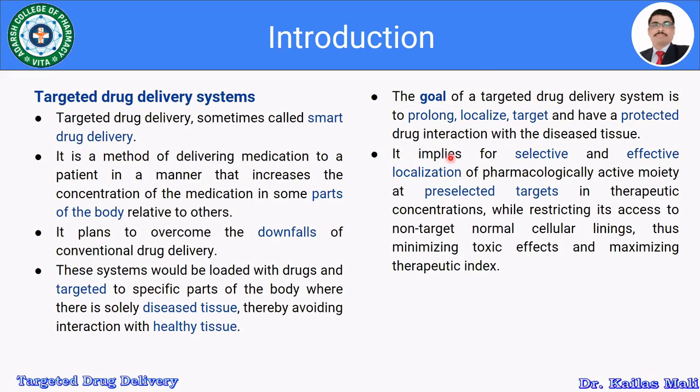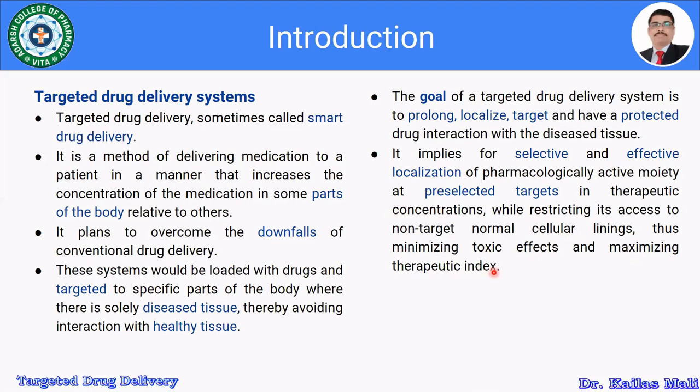It implies selective and effective localization of pharmacologically active moiety at pre-selected targets in therapeutic concentration while restricting its access to non-target normal cellular lining, and thus minimizing the toxic effects and maximizing the therapeutic index of the drug.